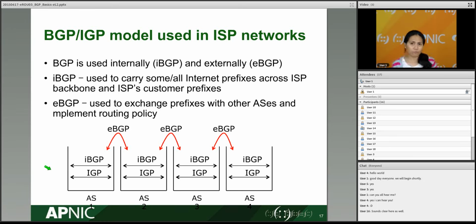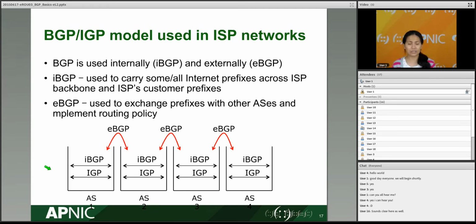Now we've discussed a little bit about eBGP and iBGP. In the previous slide, we have some definitions on there. But when do we use one or the other? What is the difference between them? BGP is the specification as a whole. iBGP is the part that deals with all internal routes. eBGP is the one that deals with all the exchange of prefixes between routers or BGP speakers of different autonomous systems or different networks.